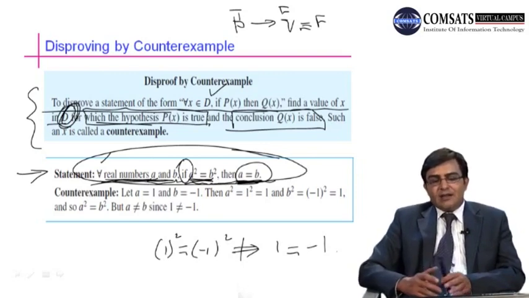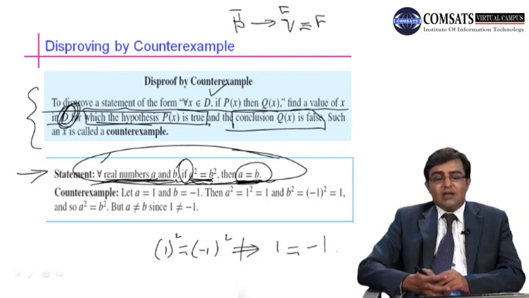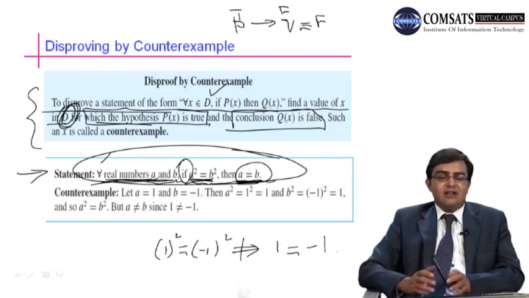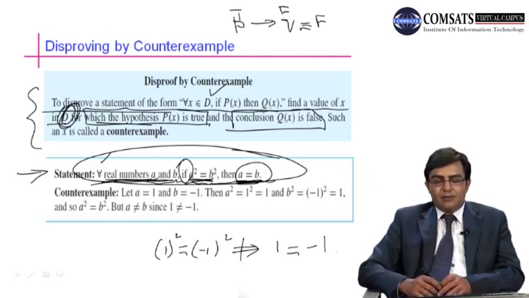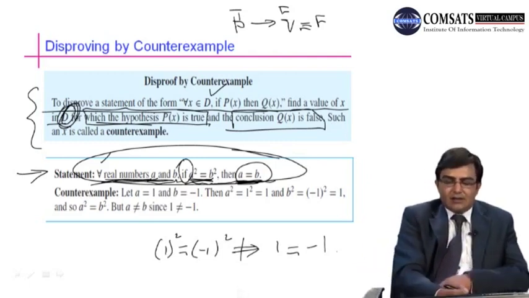So this is a method in which we can disprove the given universal conditional statement, or any statement, by giving some particular example, which is called the counterexample. There are many other counterexamples.